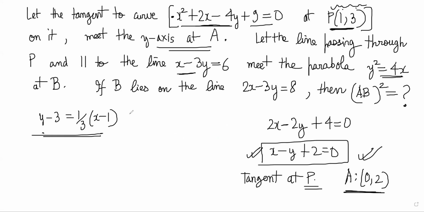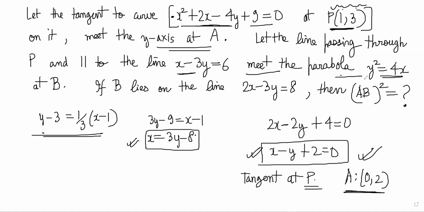So the equation of this line is 3y minus 9 equal to x minus 1. So x is equal to 3y minus 8, right? This is the equation of my line, and the line meets the parabola at B. So let's find where this line meets the parabola.